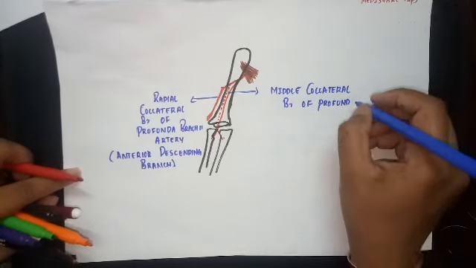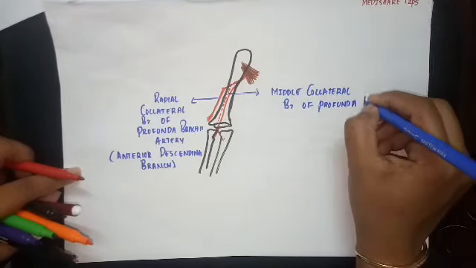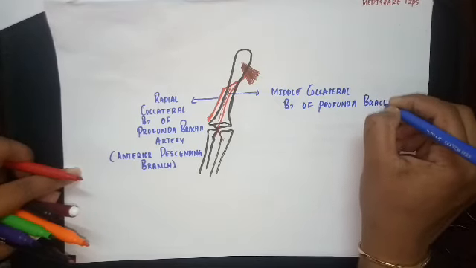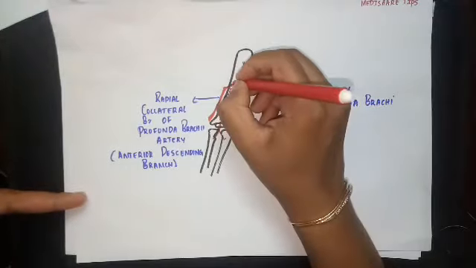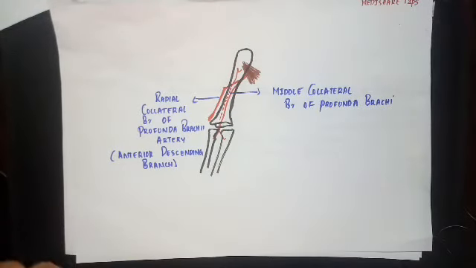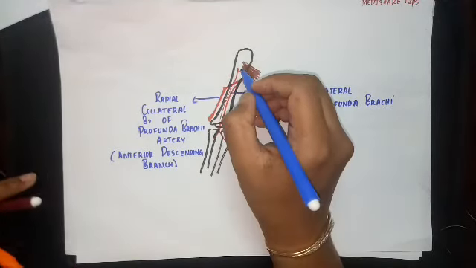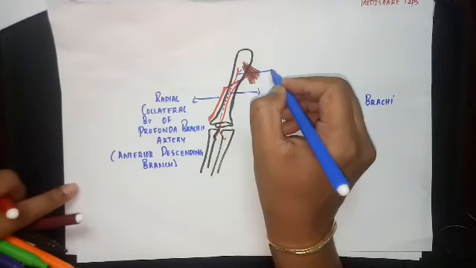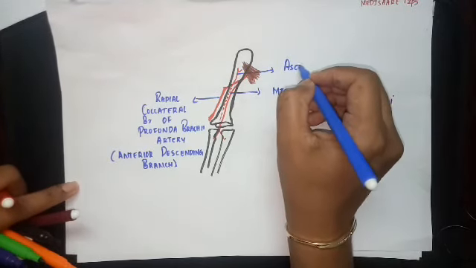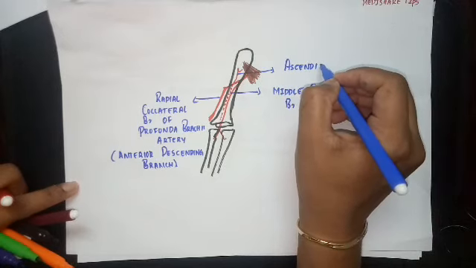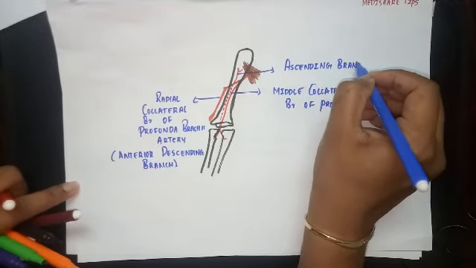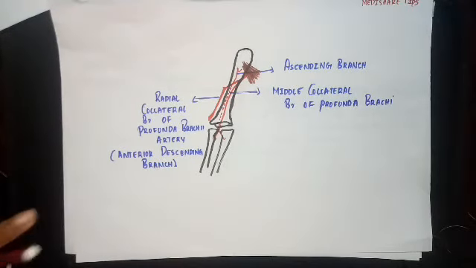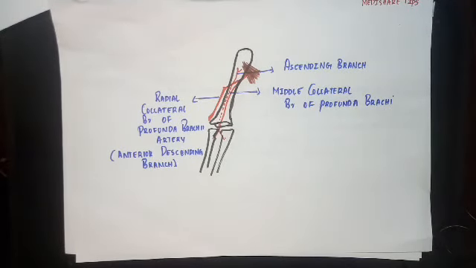This also takes part in anastomosis around the elbow joint. Next, it also gives out an ascending branch which anastomoses with a descending branch of posterior circumflex humeral artery. So these are the branches of the profunda brachial artery.